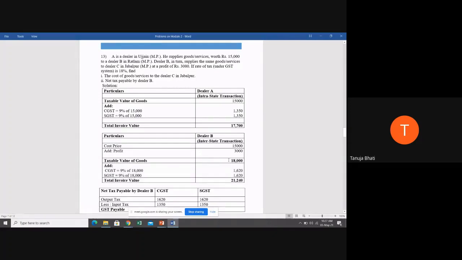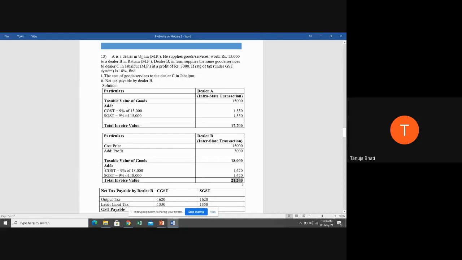So the total invoice value, that is 18,000 plus 1620 plus 1620, that is 21,240, is the amount that dealer B is going to collect from dealer C. So this is the invoice it is going to make. When dealer B is going to make a bill, it is going to make it in this way, and it is going to collect from dealer C 21,240 rupees.